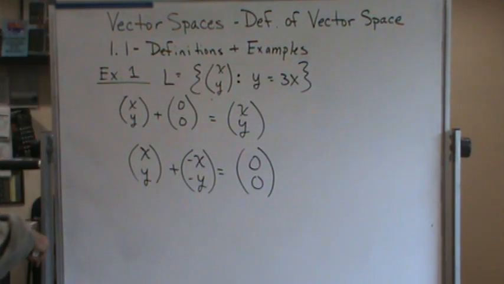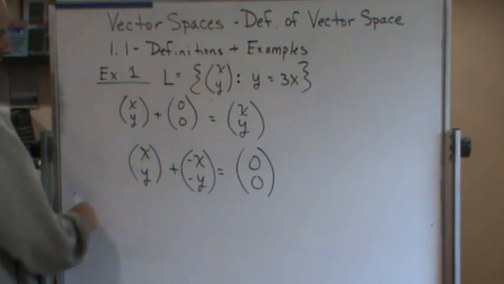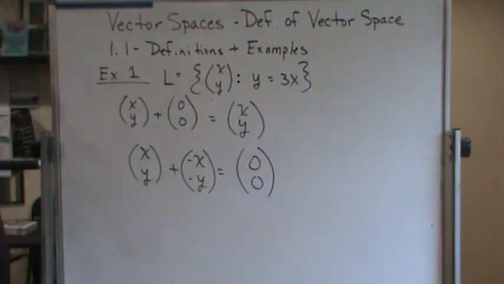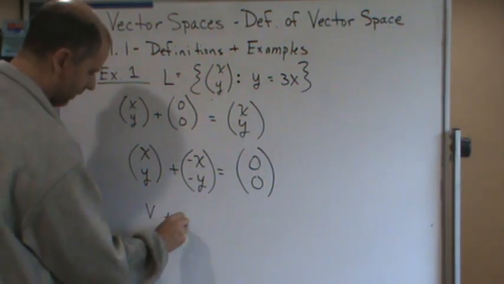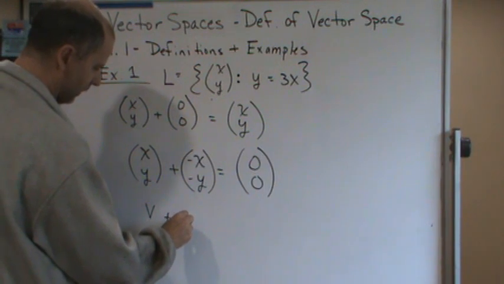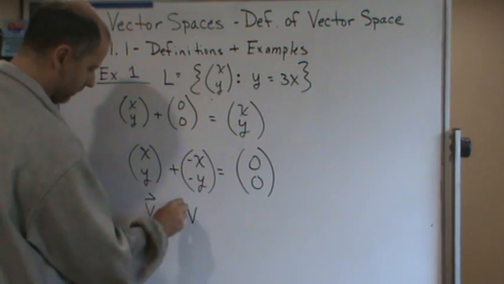And of course, if I add these components, I get the zero vector. So in other words, if I take V, the additive inverse is going to be negative V.